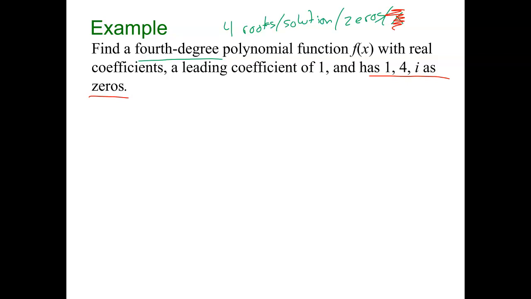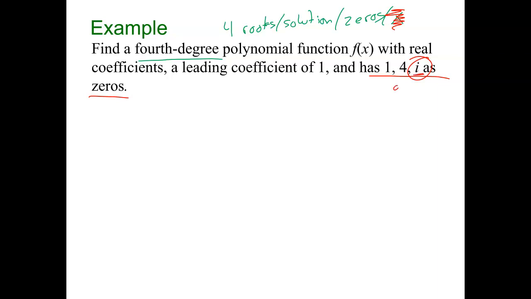Not a multiplicity. In theory, that is a possibility, but it's not going to be the case because they would tell us the i needs to be plus and minus. If there was a multiplicity, they would tell us. They would say 1, which has a multiplicity of 2. So you have to think back and remember that imaginary roots come in conjugate pairs. They only gave us one of them.